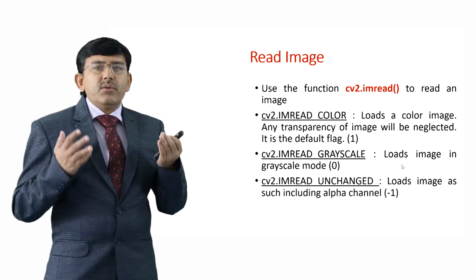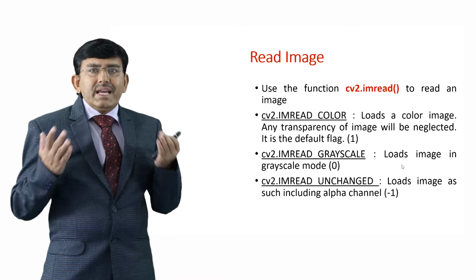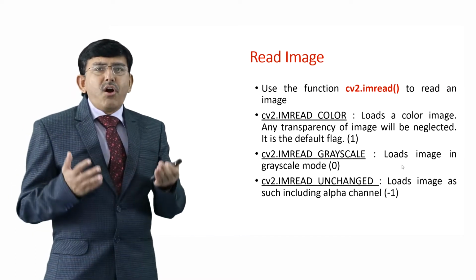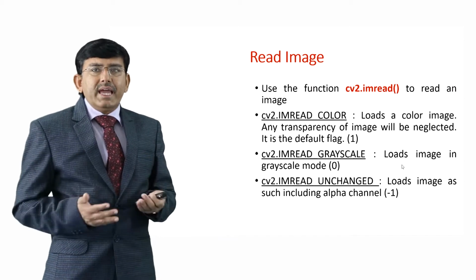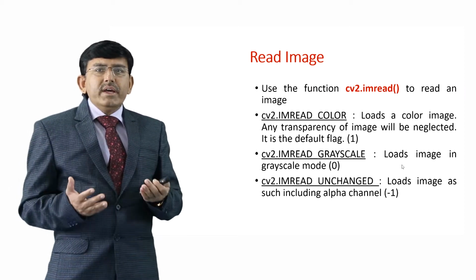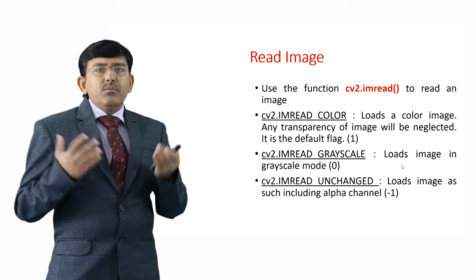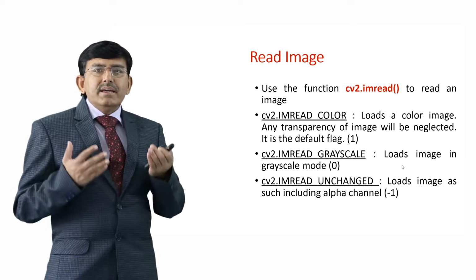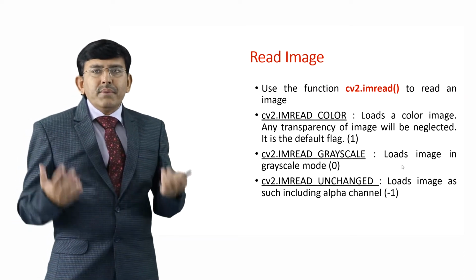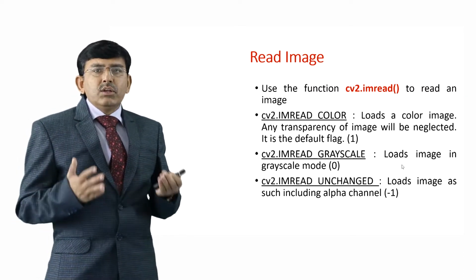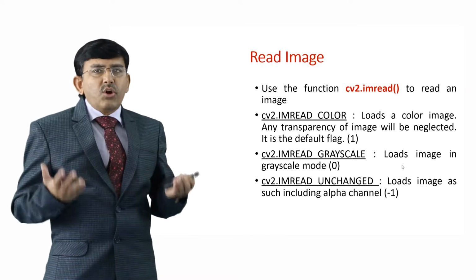Any transparency of the image will be neglected. It is the default flag. cv2.IMREAD_GRAYSCALE will load the image in grayscale mode, whereas if we try to utilize unchanged mode, it loads the image including alpha channels also.